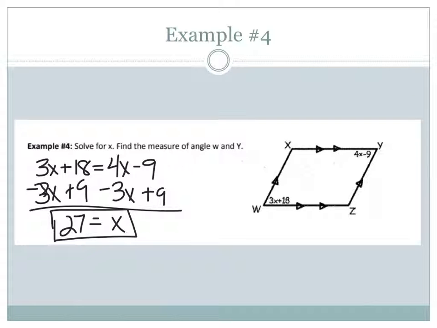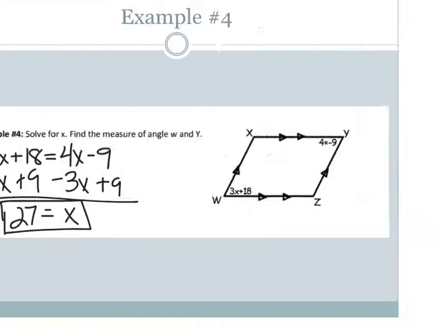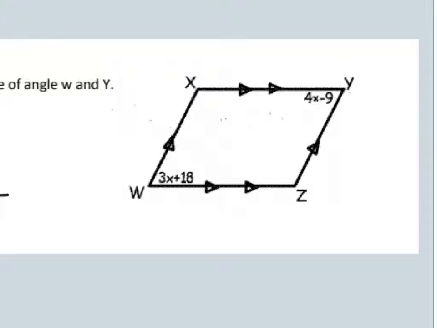What is this problem asking me to do? Solve for X. What else is it asking me to do? Find the measure. So what am I going to do with angle X? Plug it in. Now, ladies and gentlemen, when I plug this number in, 27 times 3 plus 18, it doesn't make sense, because this picture was not drawn correctly.